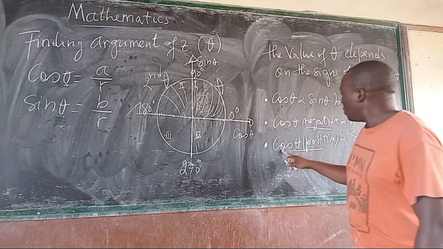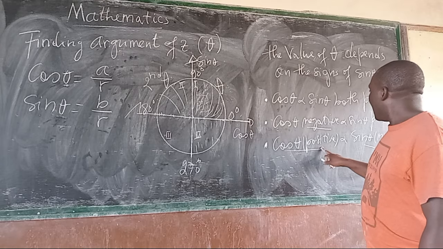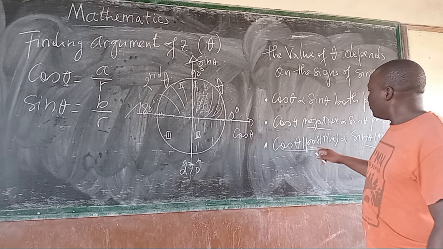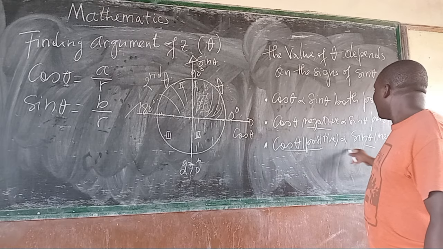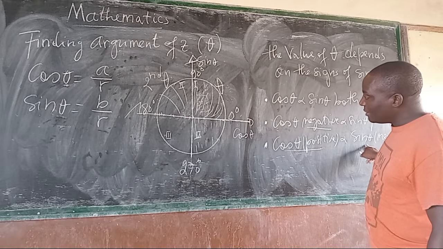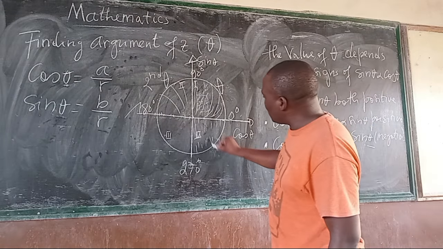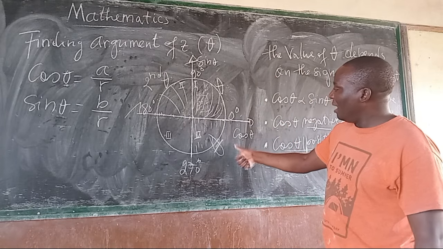If cosine of angle theta is positive and sine of angle theta is negative, then angle theta must always be located in quadrant number 4.